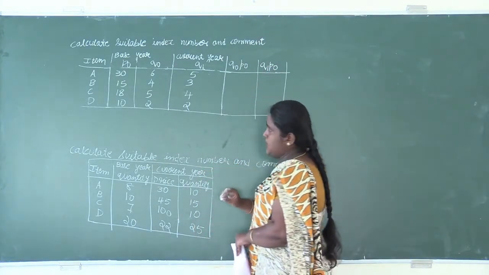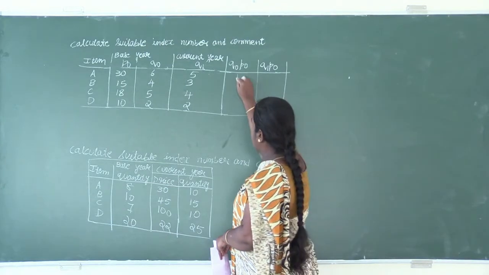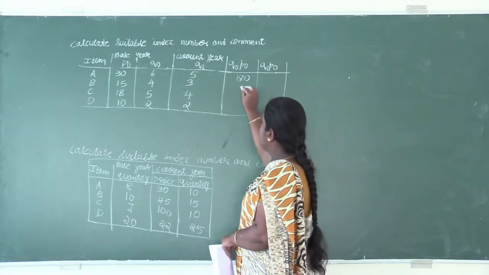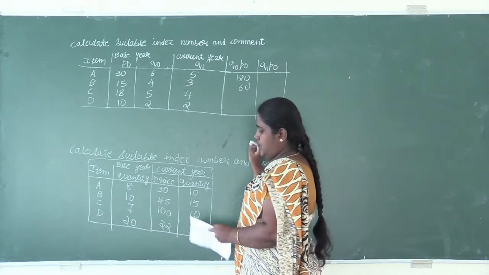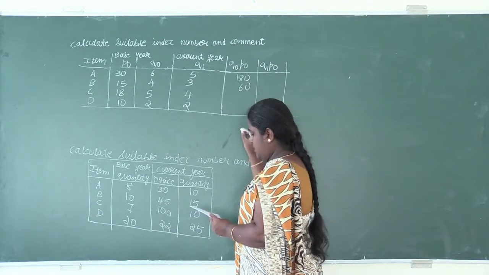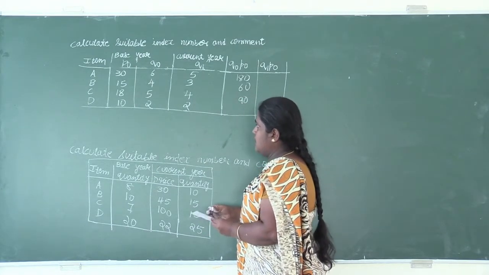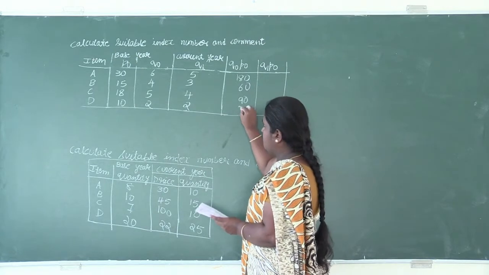So when we multiply Q0, P0, we'll get 180 for the first one. Then 15 into 4, 60. 18 into 5, 90. Then 10 into 2, 20.